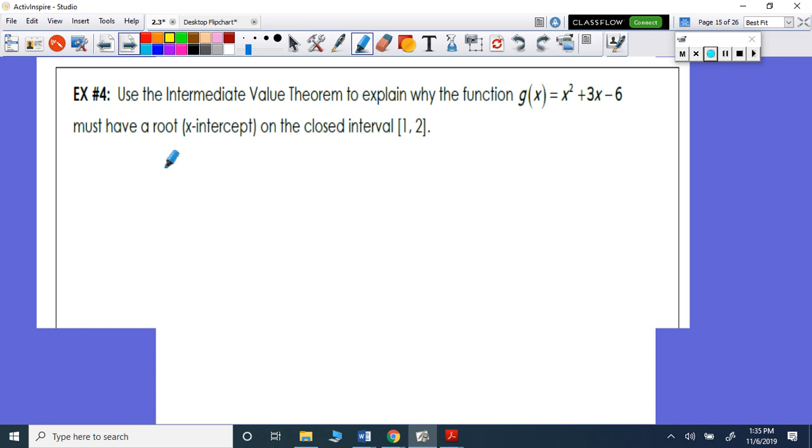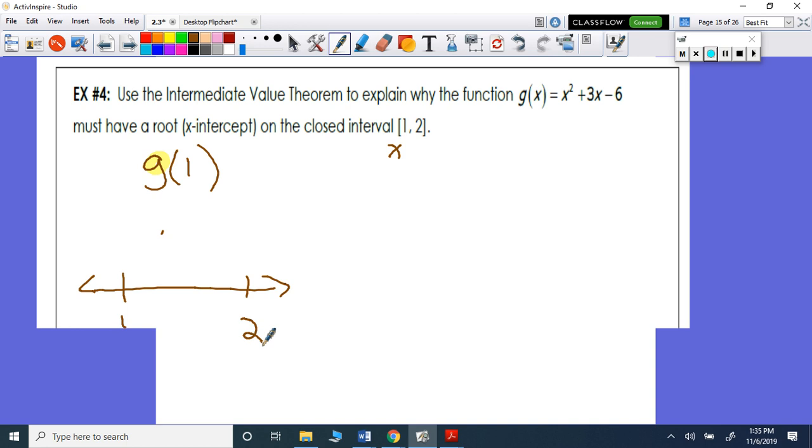When that happens, if you plug in for your function the two values in the interval, these are going to be our x's, and we're going from x being 1 to 2. If my y's change values, that means we're going to have an x-intercept somewhere in there.